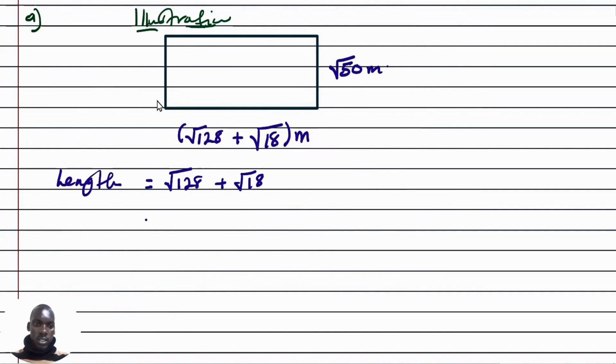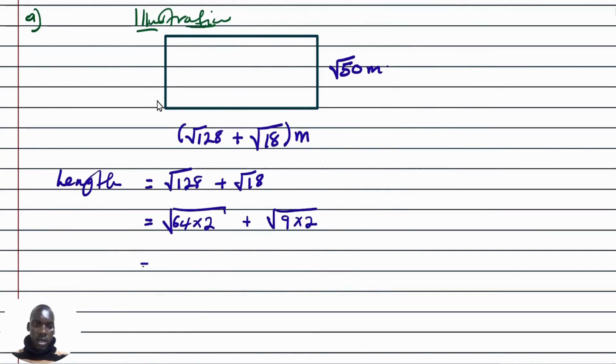We look for two factors, one of which must be a square number, so that under the square root we get a whole number. 128 divided by 2 gives 64, so 64 multiplied by 2 gives 128, under the square root. Plus 18 divided by 2 gives 9, so 9 multiplied by 2, still under the root.